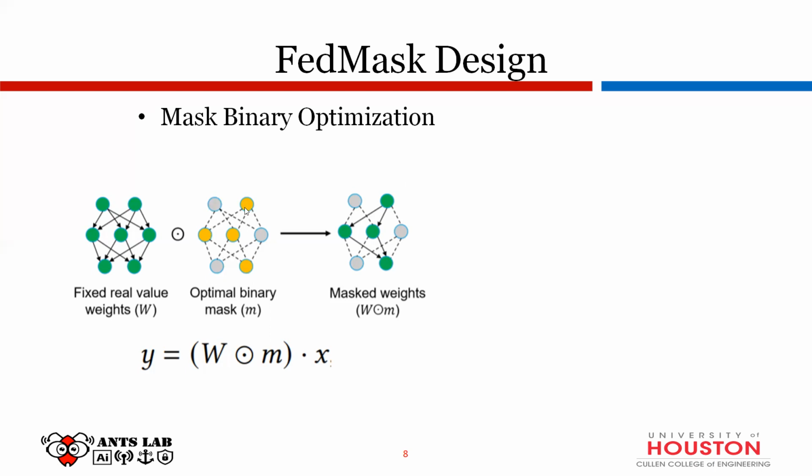What that means is that this mask has only two outcomes, 0 and 1. The yellow ones here are 1, and the gray ones are zeros. After the element-wise multiplication, you can see the result of this masked weight will be those with the green ones. All these three are reduced to 0.